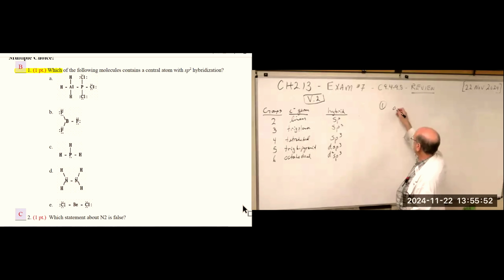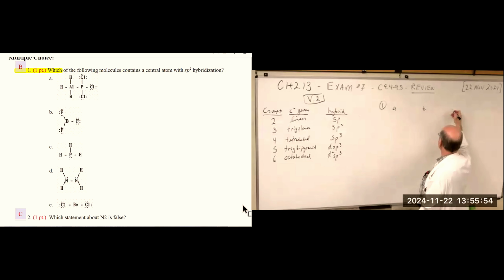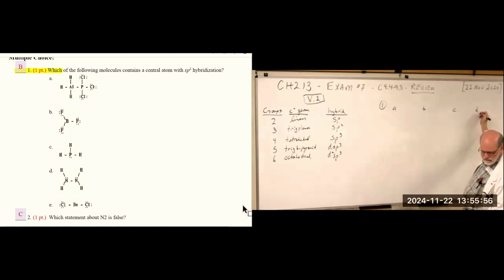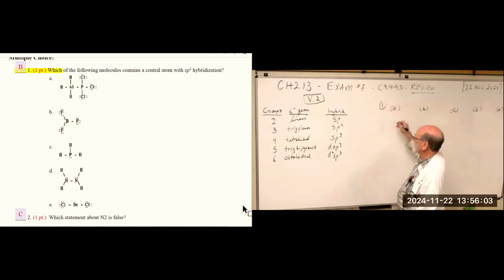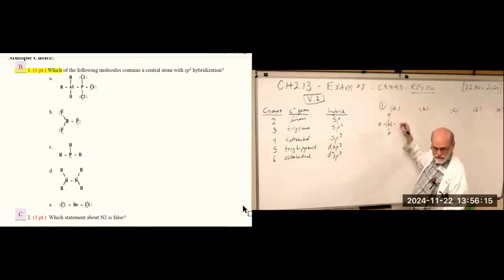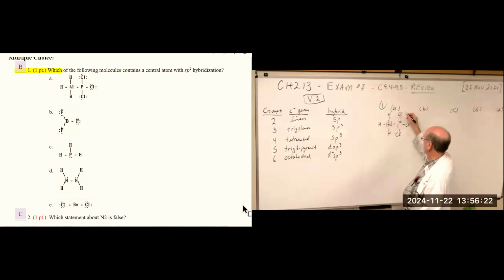So we have choices A, B, C, D, and E. For A, we have aluminum, and we have hydrogens on this side like that, like that, like that. Then we have phosphorus and 3 chlorines, with their lone pairs.